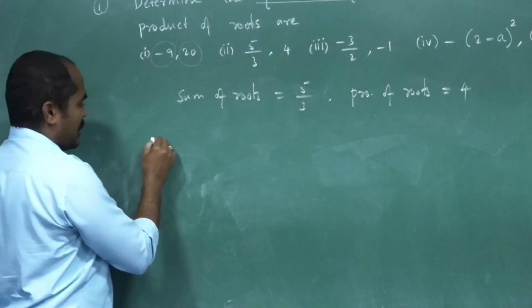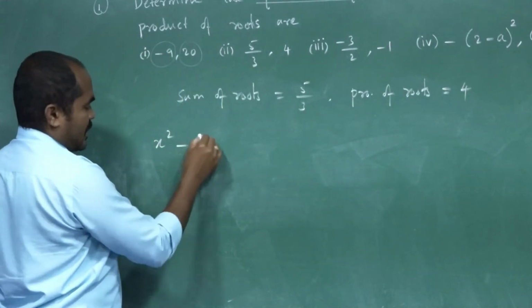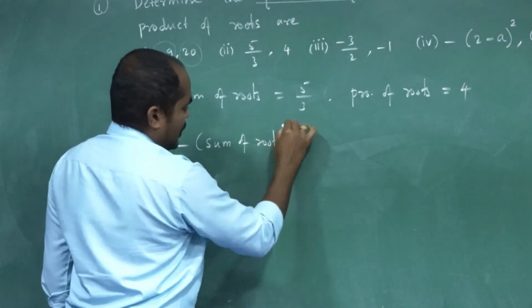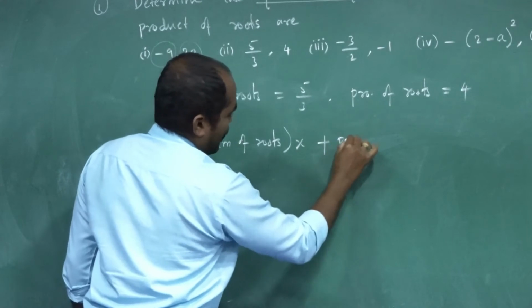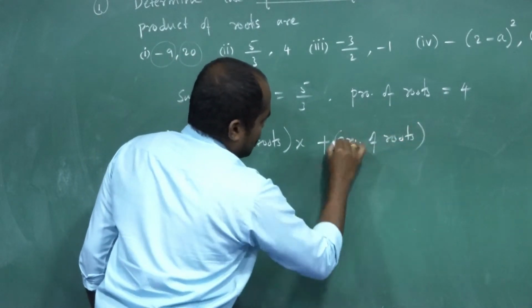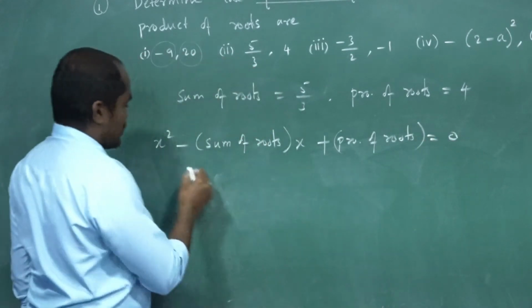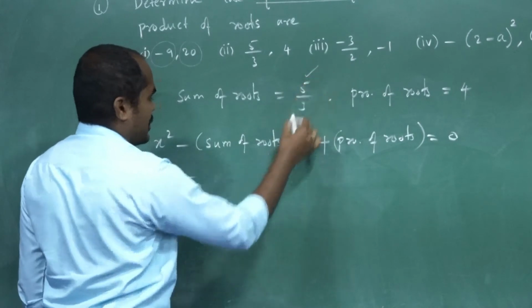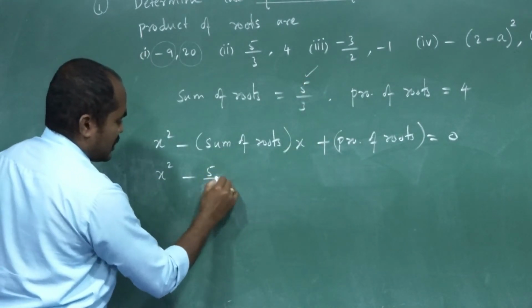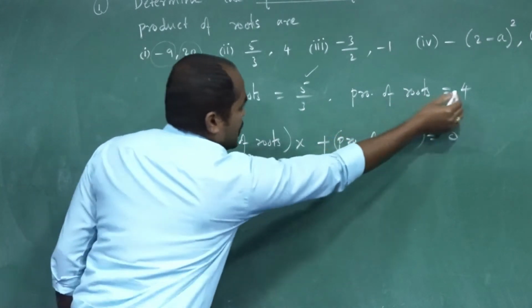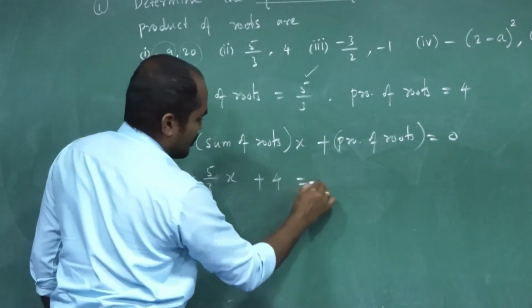We know the formula, x square minus sum of roots into x plus product of roots equal to 0. So x square minus 5 by 3 into x plus 4 is equal to 0.